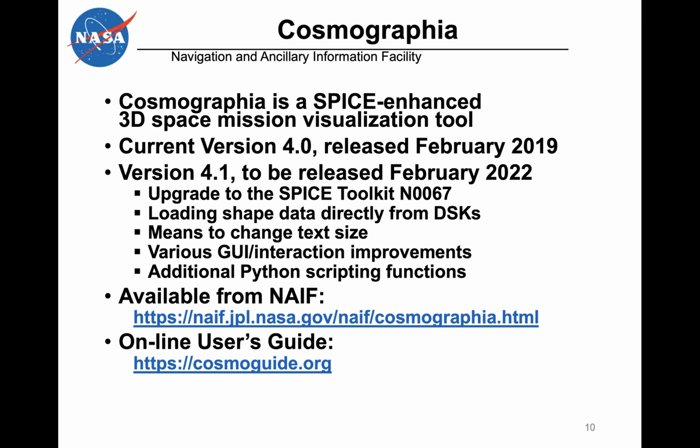It also will include additional Python scripting functions, but as it is right now, those scripting functions will not yet be available in Windows systems. Cosmographia is available from our site, and there's also an online user's guide that in fact has already been updated with the version 4.1 features.